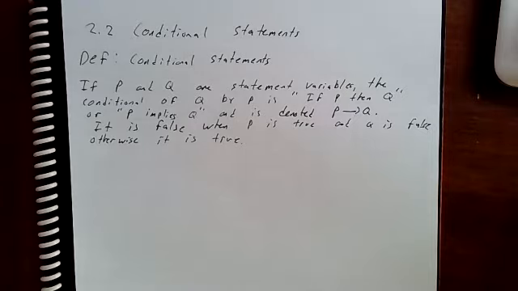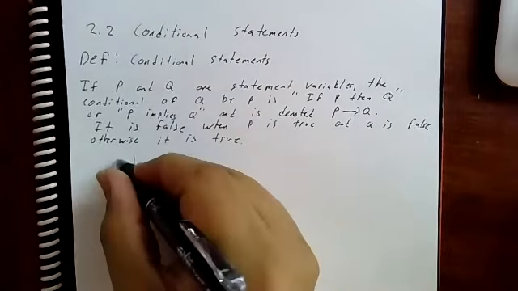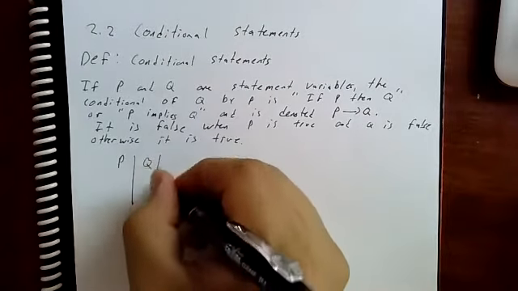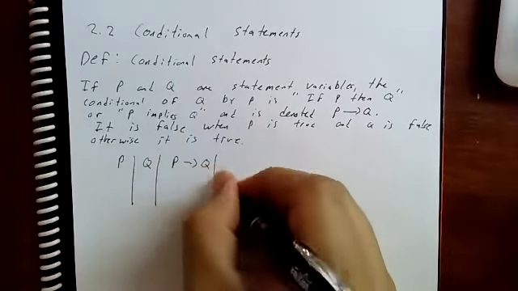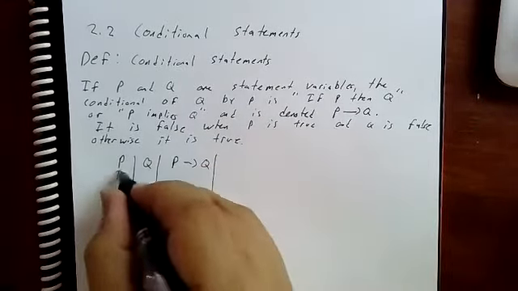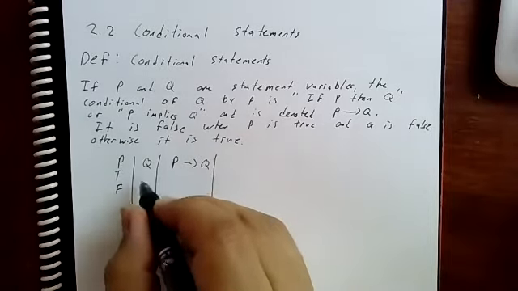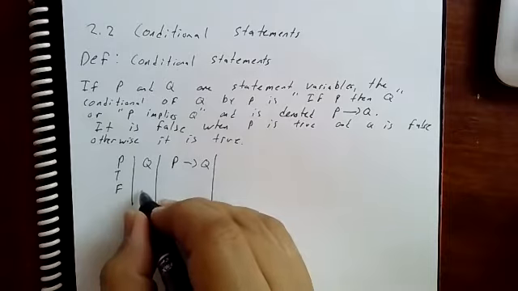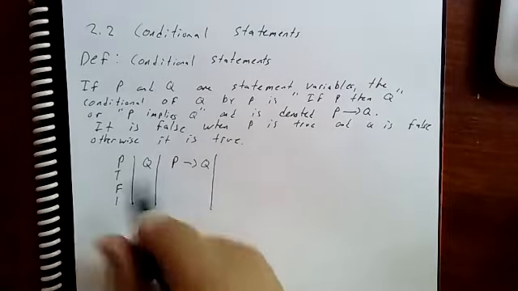So a quick truth table to give you an idea. So you have P, Q, P arrow Q. So it's always true if it starts off false. Let me write that better.